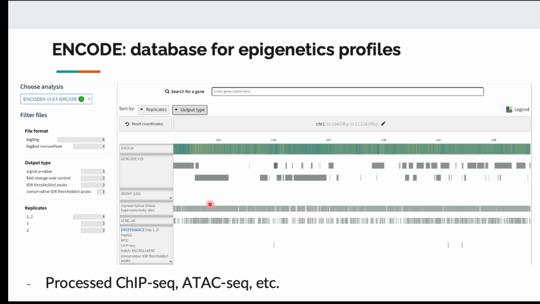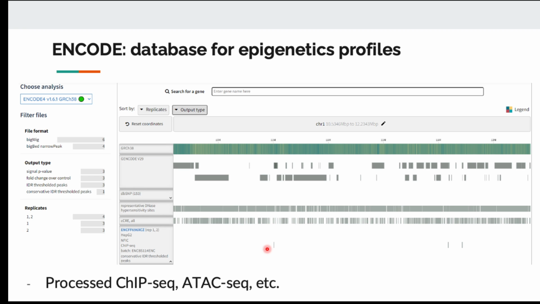So ENCODE basically contains the processed data from ChIP-seq and ATAC-seq, and they visualize it for you on their website. So you can explore, for example, if you have a certain gene and you want to know if the 5' region of the gene contains a transcription factor binding site, you can zoom in on that genomic region on ENCODE and check to see if there is a transcription factor binding site in that region.